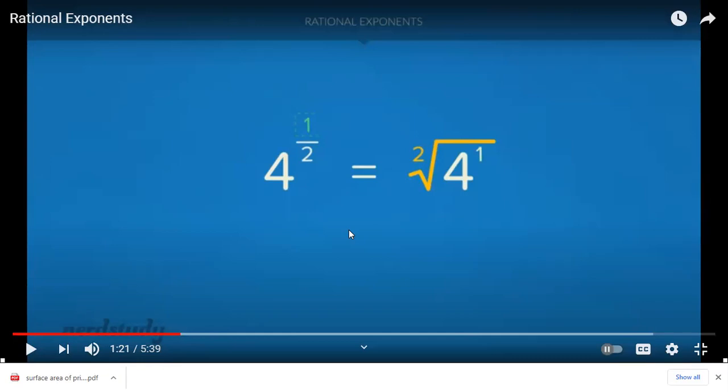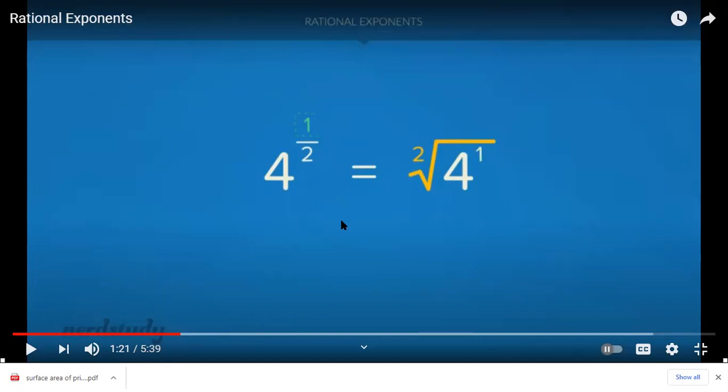Yes, Hannah, go on. If you have a number with rational exponents, which means it's a fraction, how will we change it into a root?